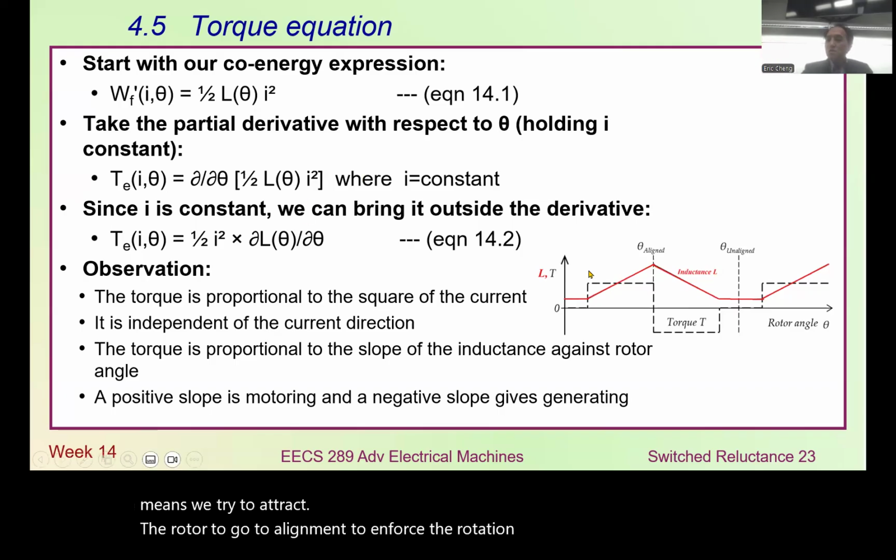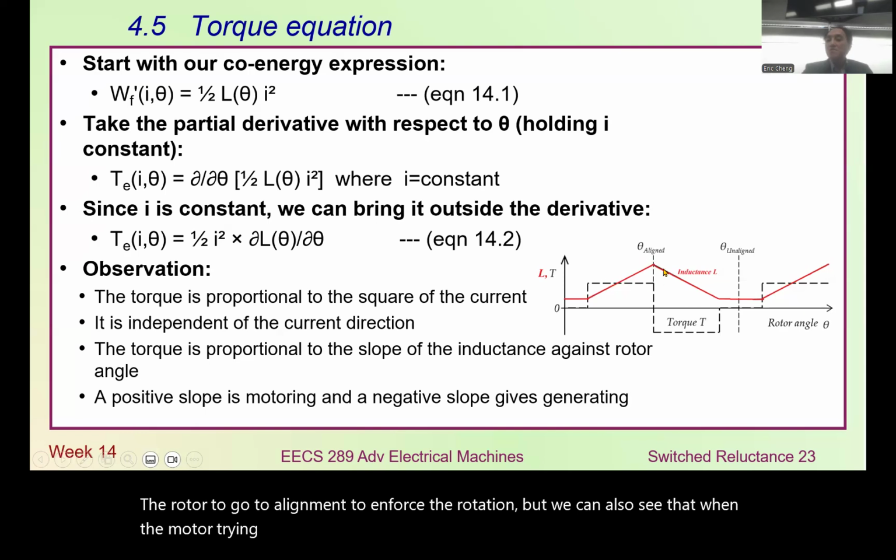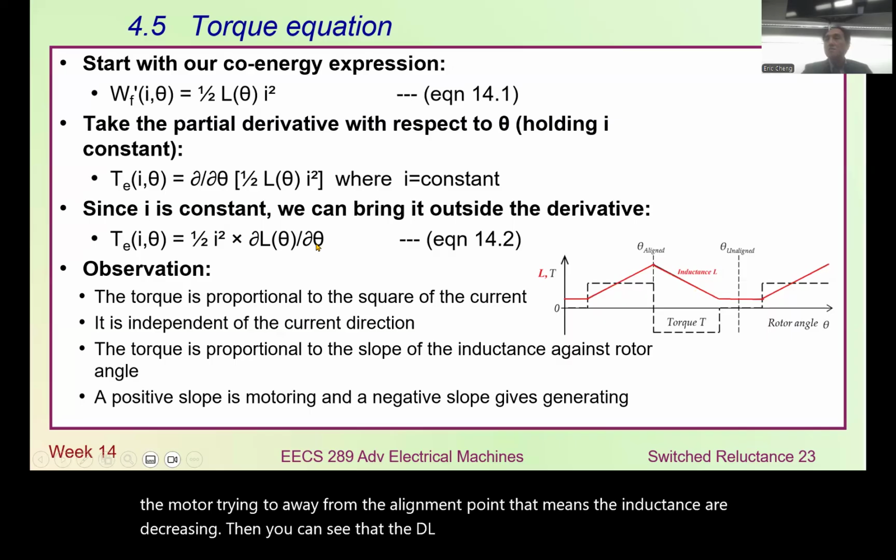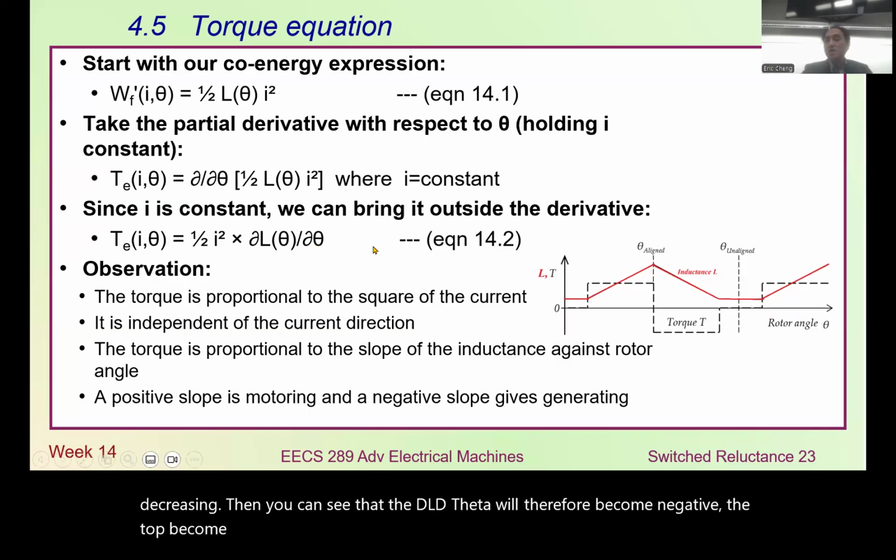But we can also see that when the rotor is moving away from the alignment point, the inductance is decreasing, so dL d theta will become negative, and the torque becomes negative. That means the motor seems to be regenerating. That means it's not a forward rotation. So that's the thing we need to be really careful about.